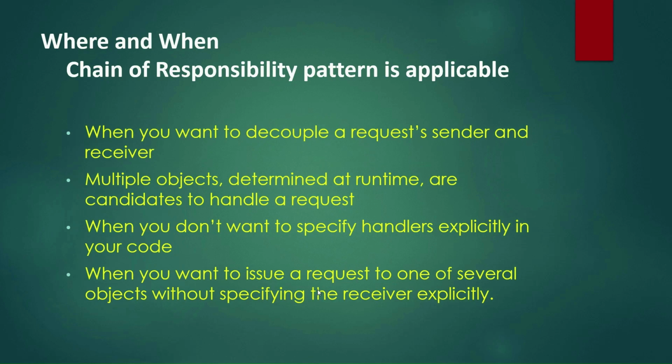So multiple objects, determined at runtime, are candidates to handle the request. Multiple objects are there, and they can try to handle it. Use it when you don't want to specify the handler explicitly in your code. In this case, any of the objects will try to handle the request.